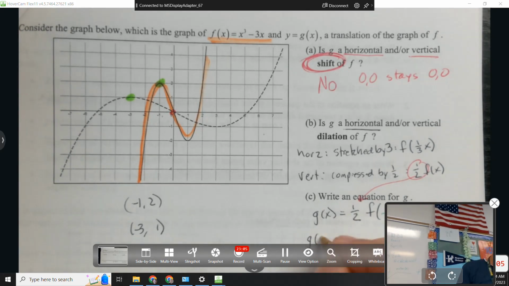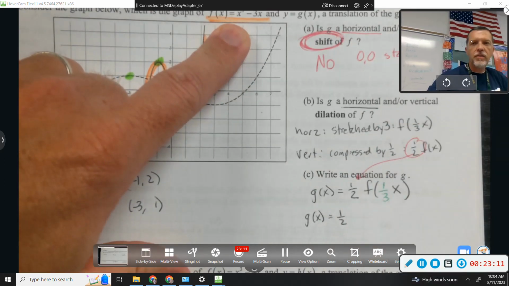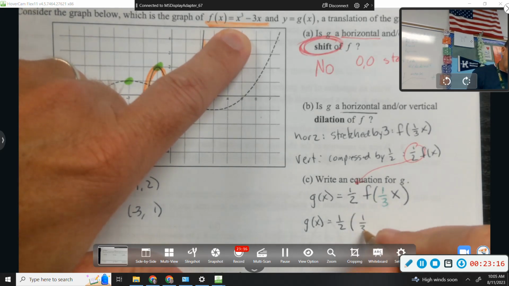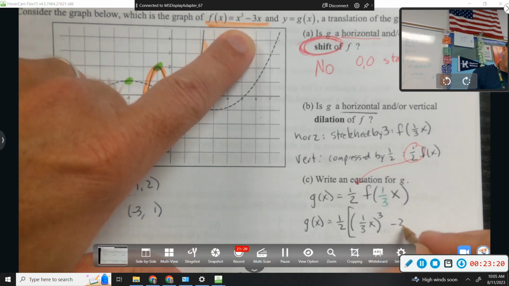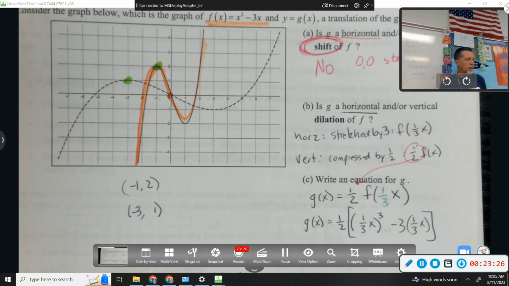We want to put it in terms of x, so 1/2, f of x is up here, so 1/3 x cubed minus 3 times 1/3 x. And we could just leave it like that. No need to multiply all that out.